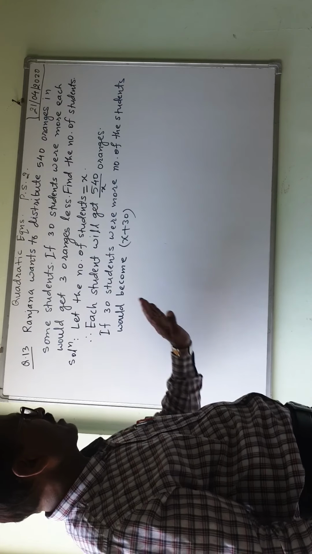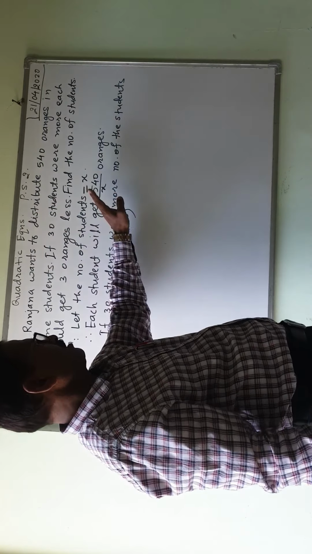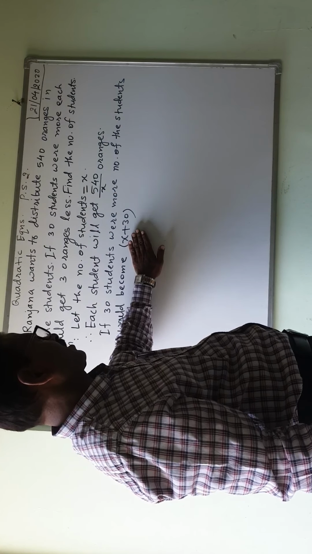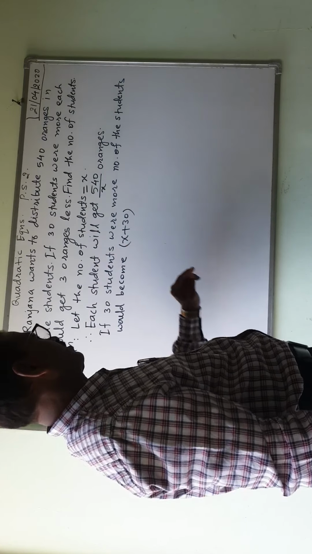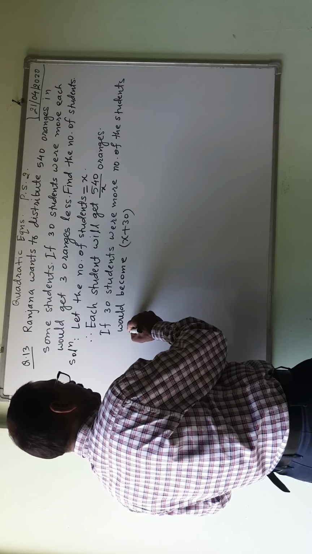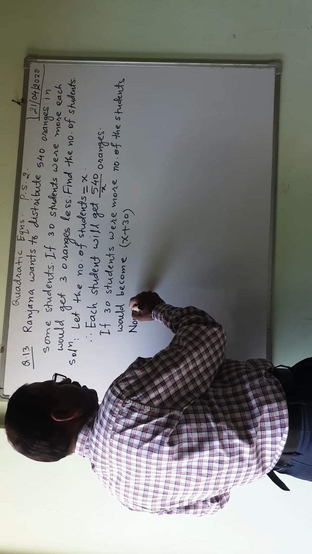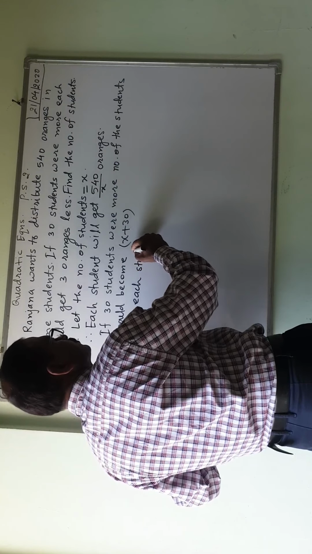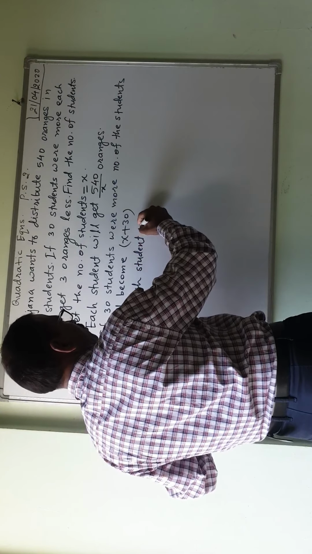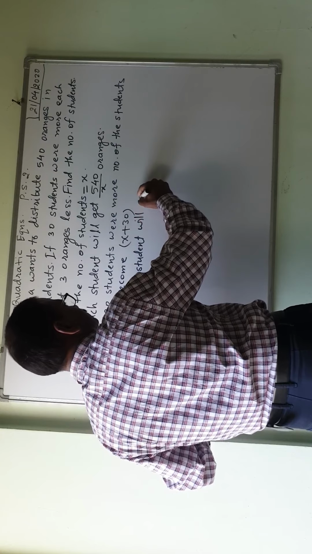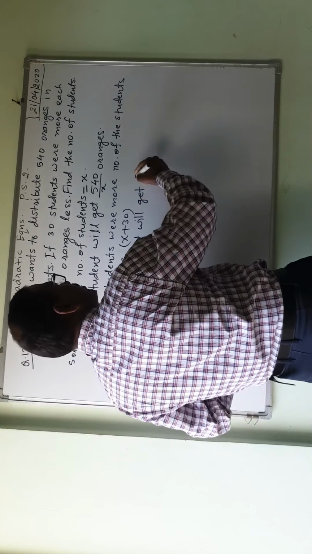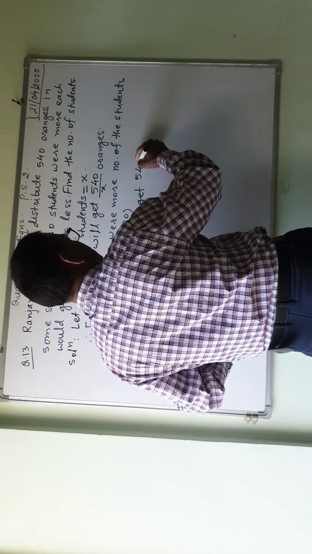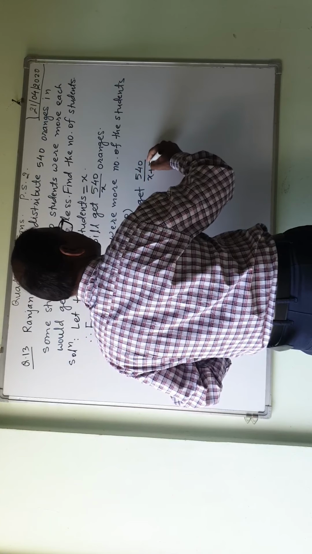Now I have to divide the same oranges, 540 oranges, among x plus 30 students. So now each student will get 540 upon x plus 30 oranges.